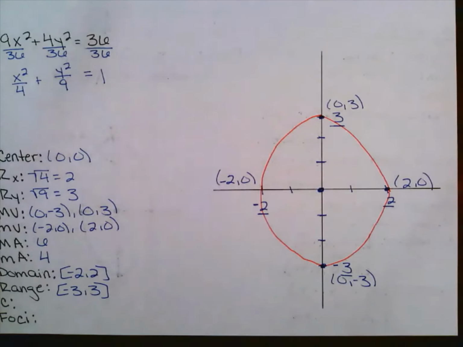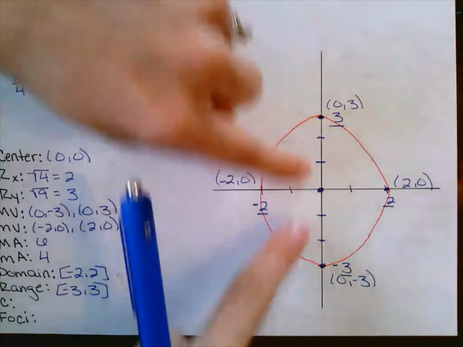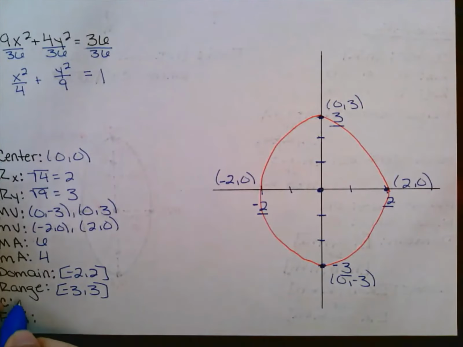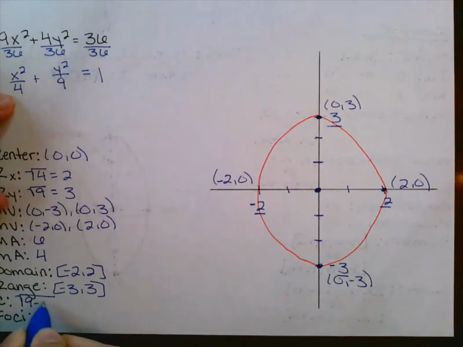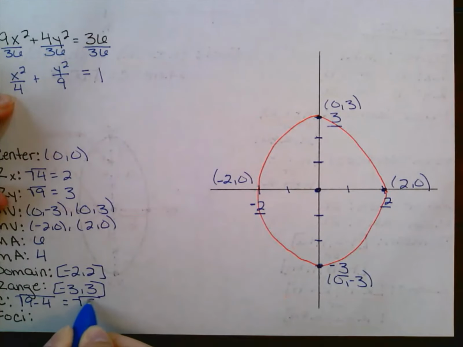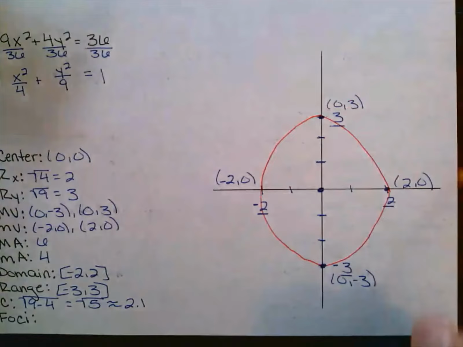Now to find my foci, because I know I went longer vertically, I know my foci will land vertically. So C is the square root of the larger denominator, which cleaned up was 9, minus my smaller denominator. I get the same C as last time, but I do not have the same foci because, again, now it lands on the vertical side.